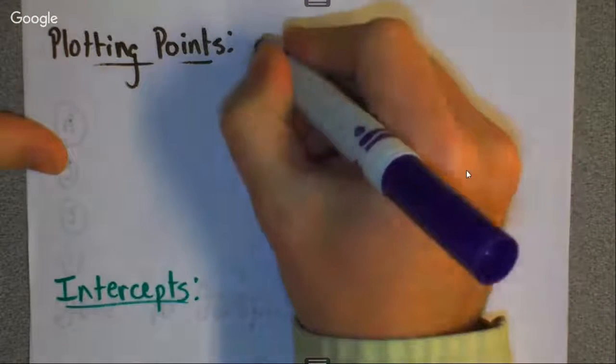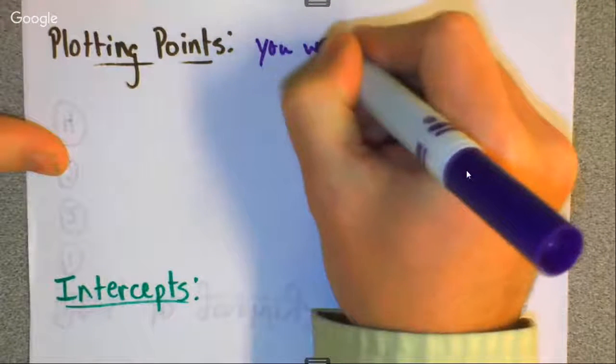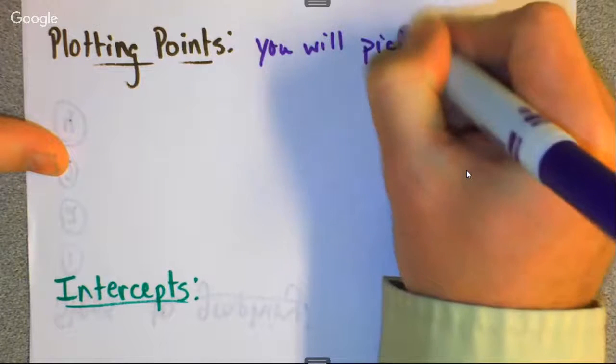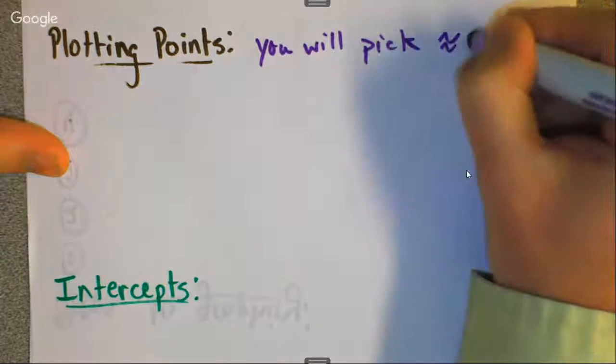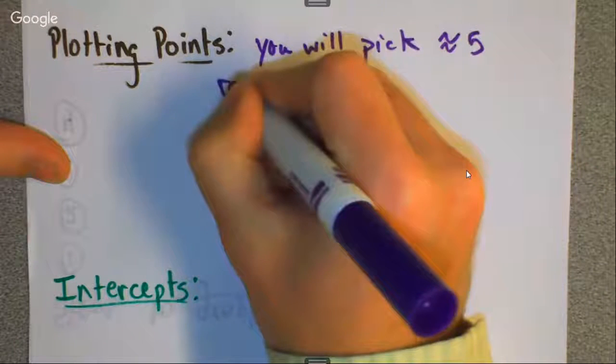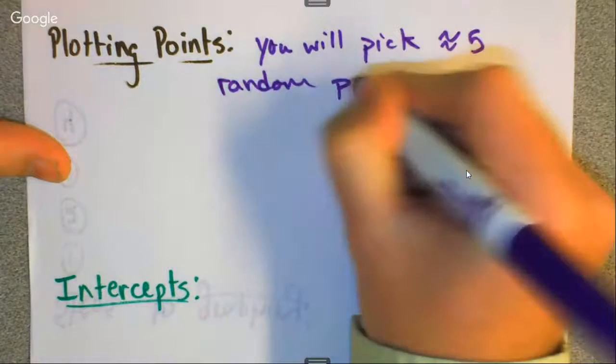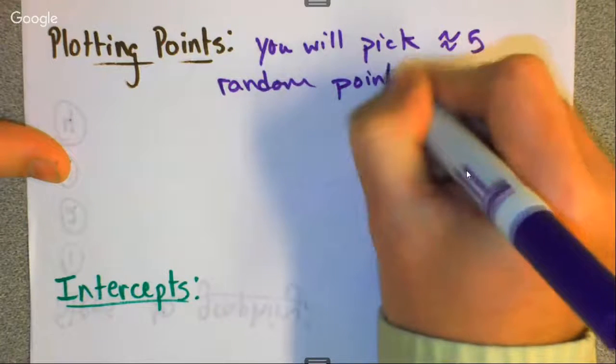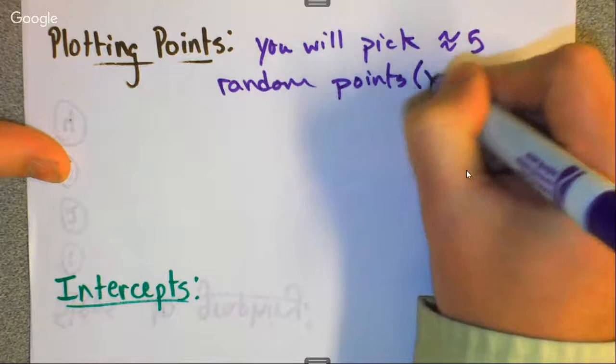So you will pick about 5 random points. When I say points, I mean x values.